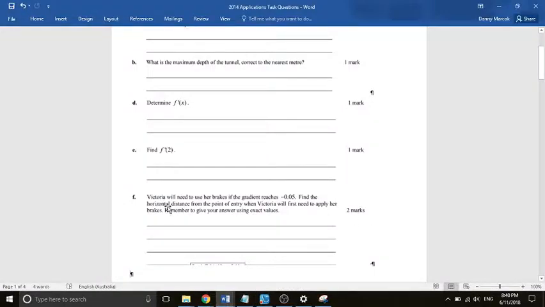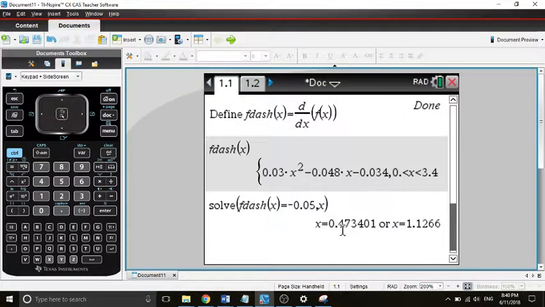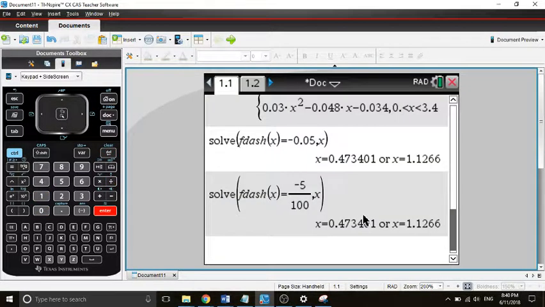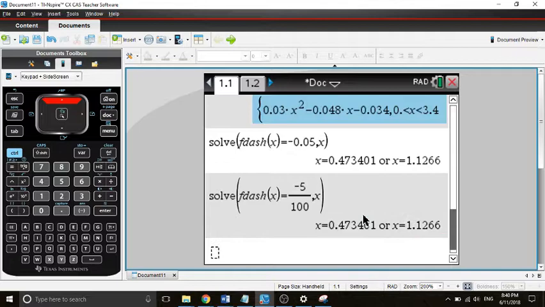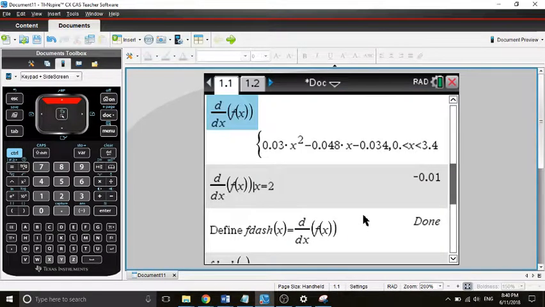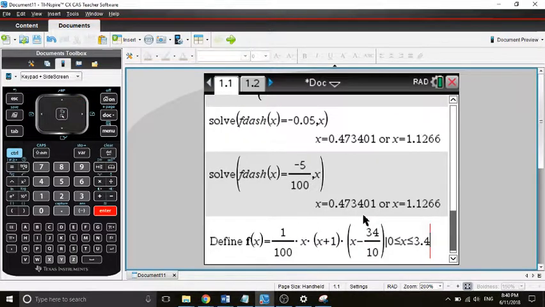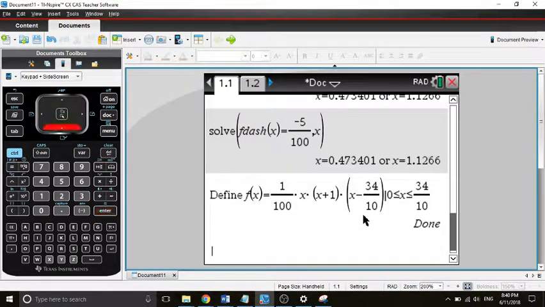Bit of a pain because once again it asks for exact values. So let's see if we can solve that with negative 5 on 100. Same thing. Because we've given this as 34 over 10, we still get decimals.